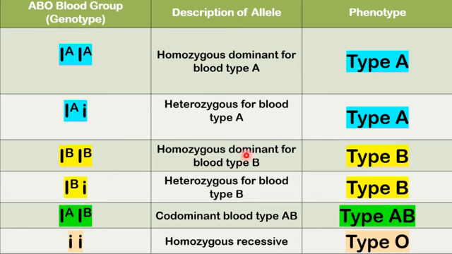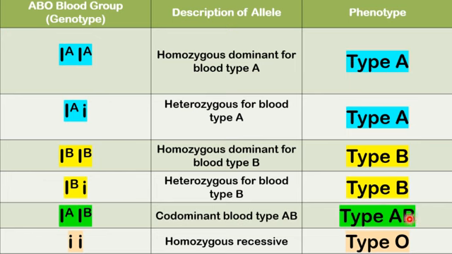When I say homozygous, the two alleles present are the same, just like this, two IB. And they are both written in capital letters signifying that they are dominant alleles. For heterozygous type B, the two alleles present are different, one dominant and one recessive.